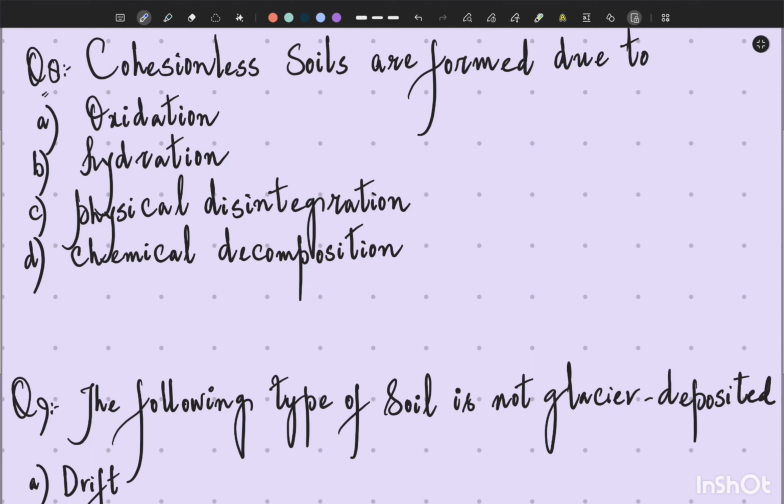But it's also known that in all the processes of physical disintegration, there is absolutely no change in the chemical composition. The soils formed have all the properties of the parent rock.